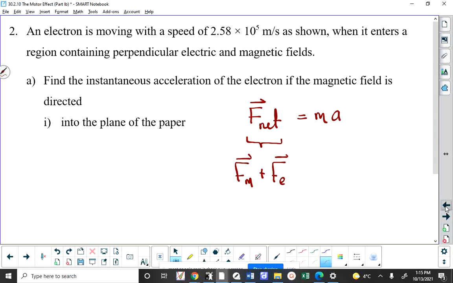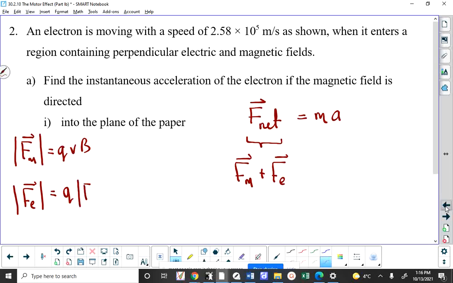Now that means we can calculate them. In fact, let's do that. Let's calculate the magnitude of the magnetic force using qvB, and let's calculate the magnitude of the electric force using qE.